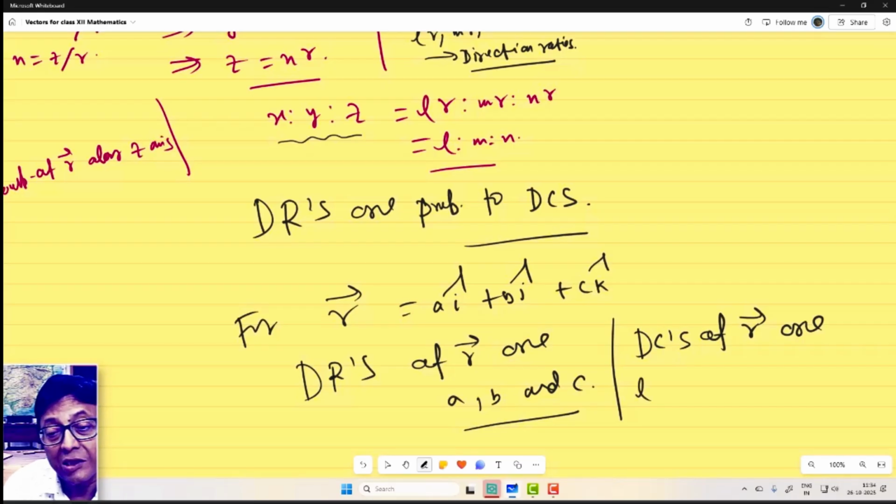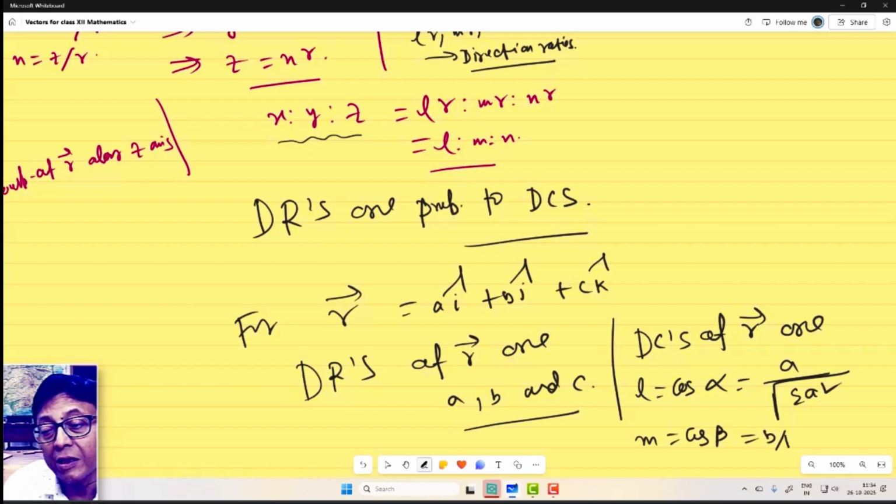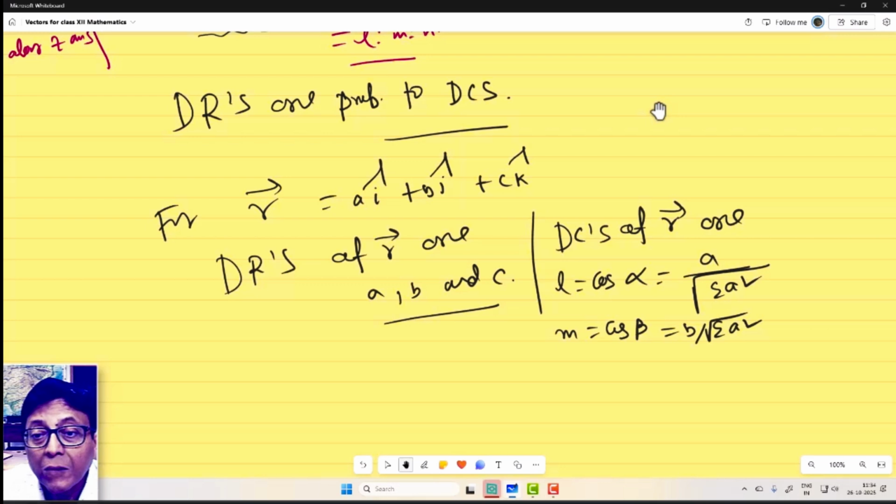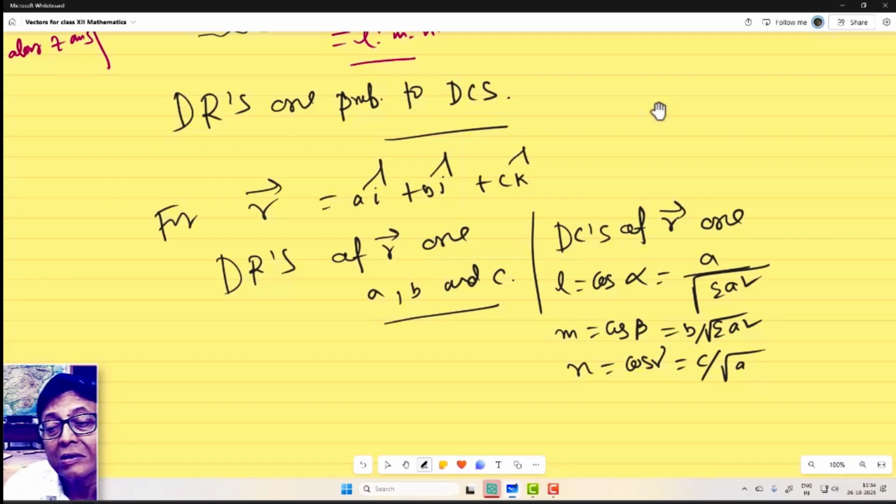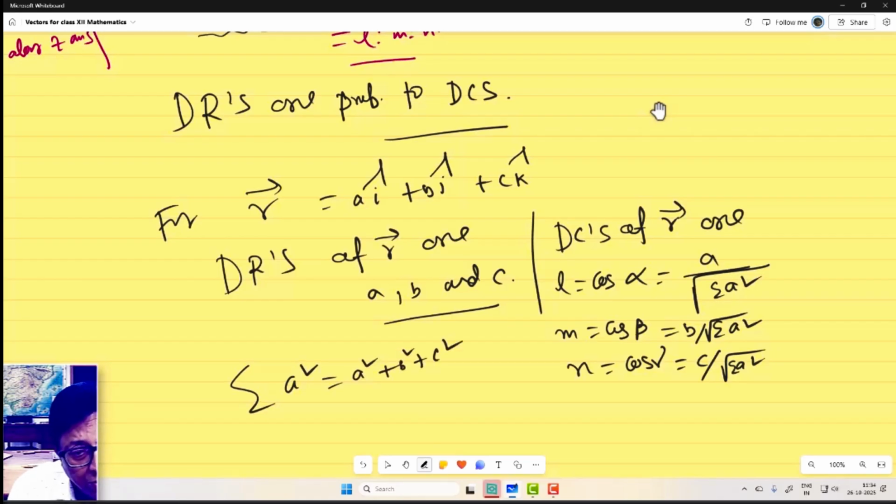That is L, cos alpha, a by under root sigma square; M, cos beta, b by root over sigma square; N, cos gamma, c by root over sigma square. What does sigma square stand for? Suddenly I am writing this, but all of you know it. We used it.